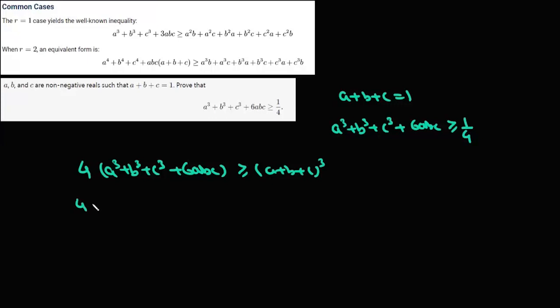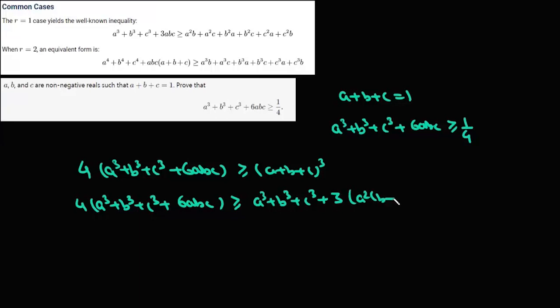Now this is 4 times (a cube plus b cube plus c cube plus 6abc), and will be greater than or equal to a cube plus b cube plus c cube plus 3 times (a square (b plus c) plus b square (c plus a) plus c square (a plus b)).